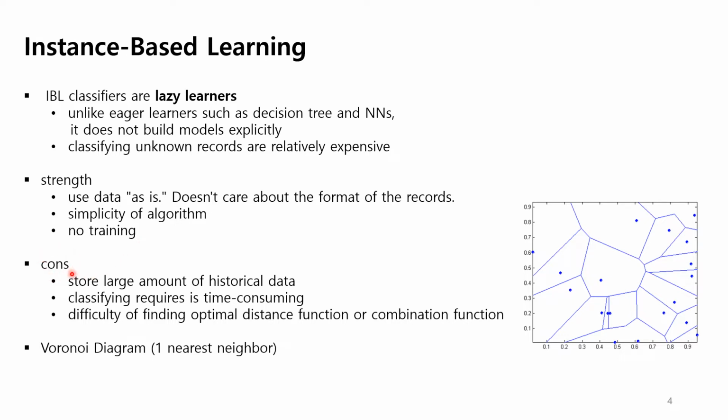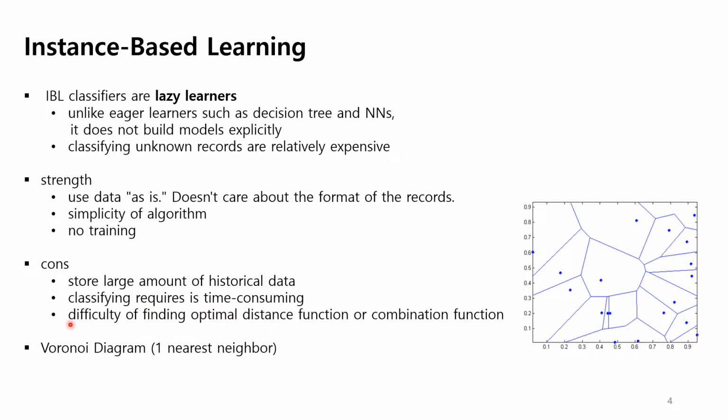Problems of instance-based learning: it has to store the entire or a large amount of training data, because later on when it has test data, it has to read the entire training data to find the neighbors. Also, classifying test data is very slow, very time consuming.